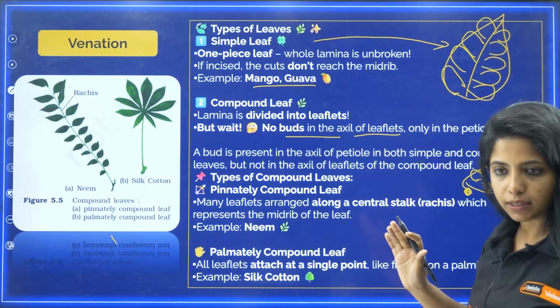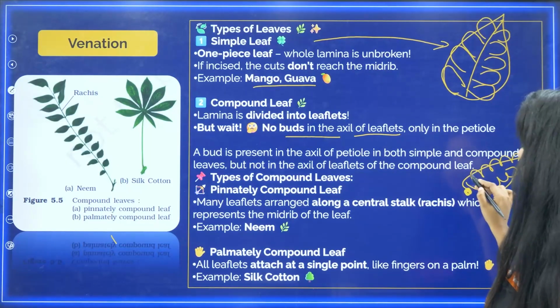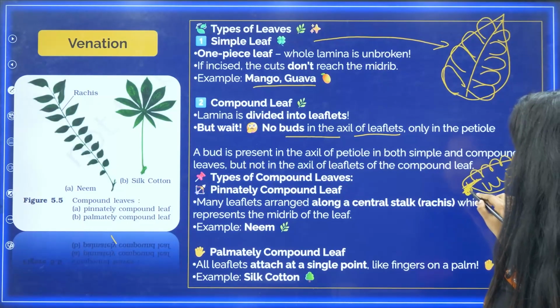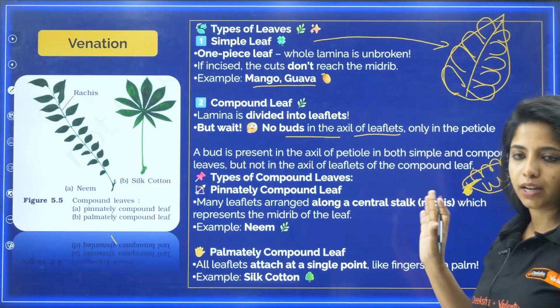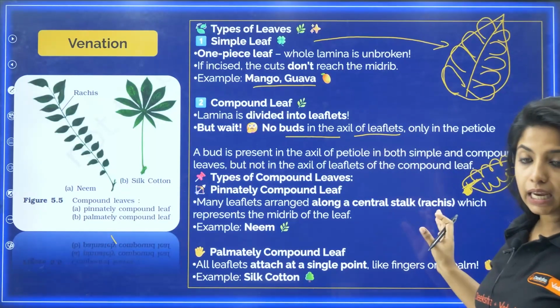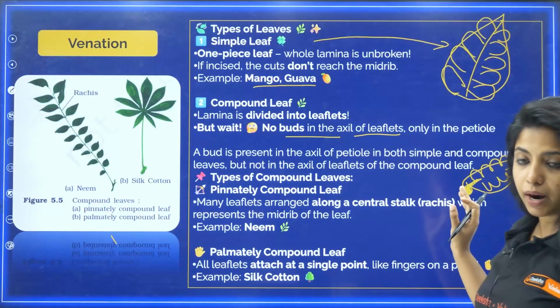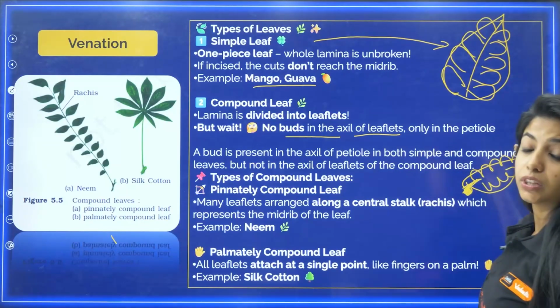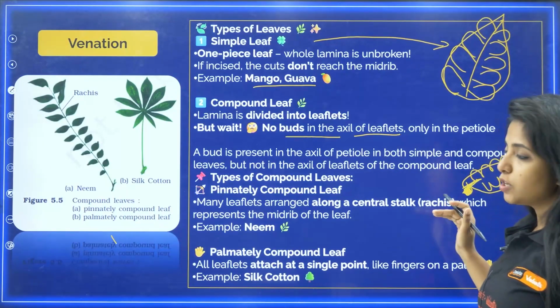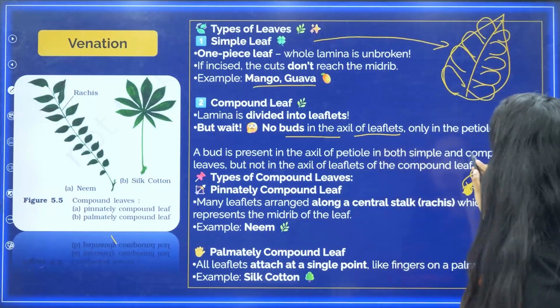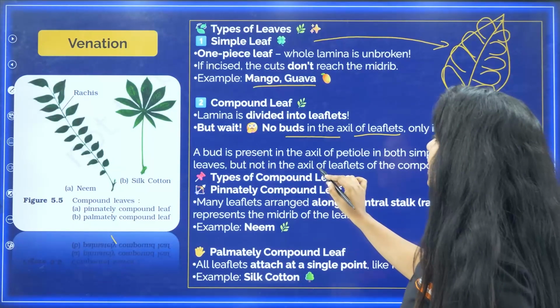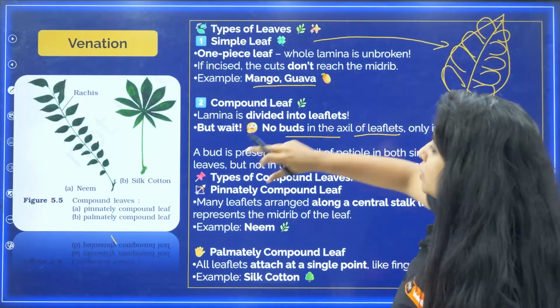No. You will have one axil at the base of the petiole, that's all, in compound leaf as well. So a bud is present in the axil of the petiole in both simple and compound leaves, but not in the axil of the leaflets, the smaller leaves.